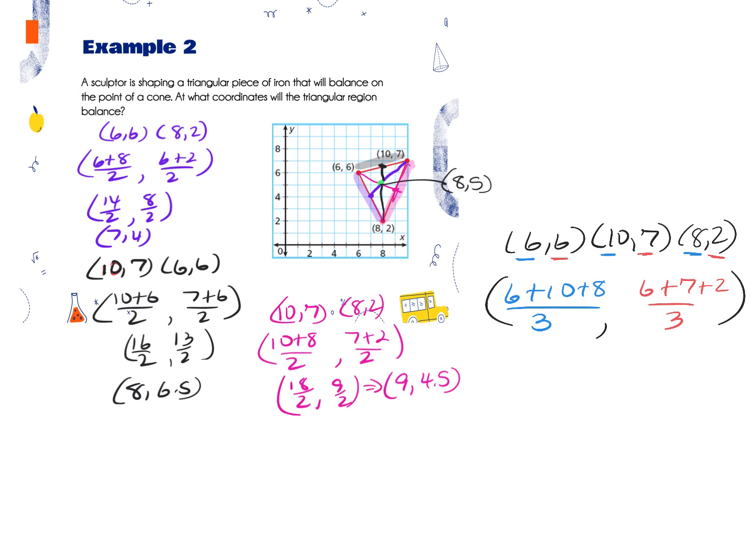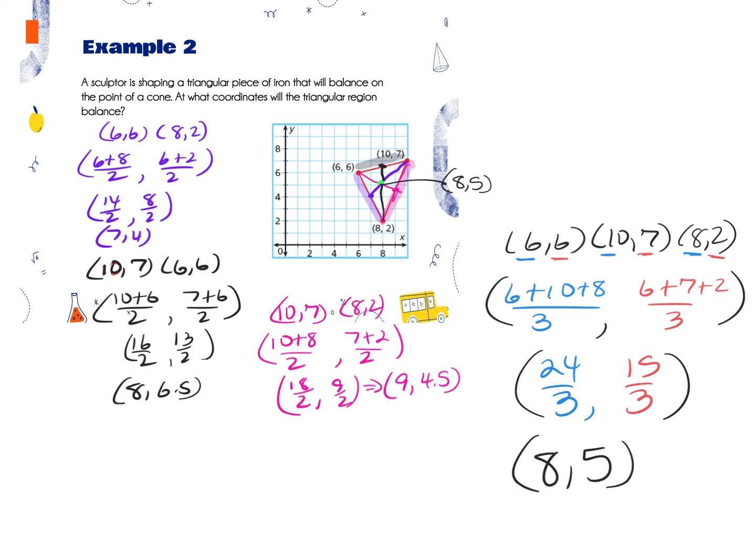So once I add all those x's, I get 24 over 3. Once I add all the y's, I'm going to end up with 15 over 3. And then once I simplify, the coordinates of my centroid are going to be 8, 5, because 24 divided by 3 is 8, and 15 divided by 3 is 5.